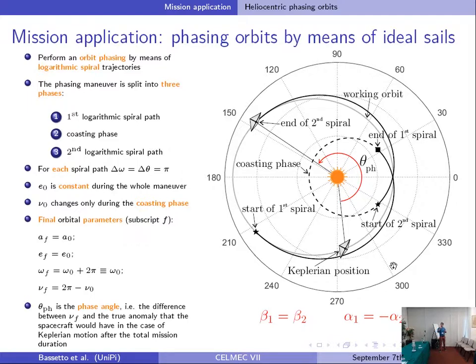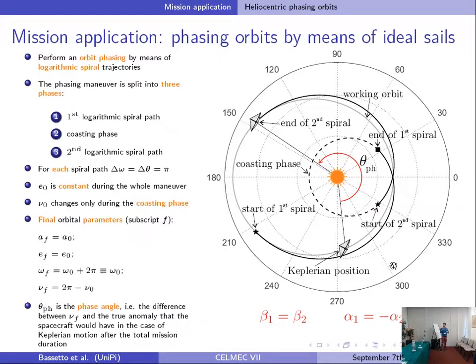To move to a possible mission scenario, we have decided to describe the possibility to perform a phasing maneuver through these trajectories. In particular, a phasing maneuver consists in changing the angular position of a spacecraft along a given working orbit.